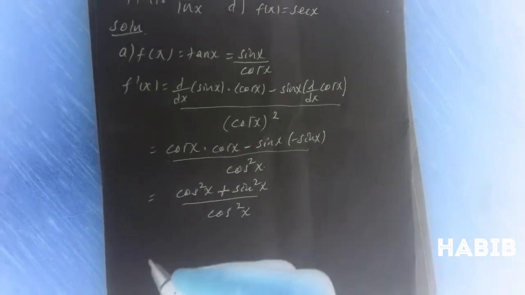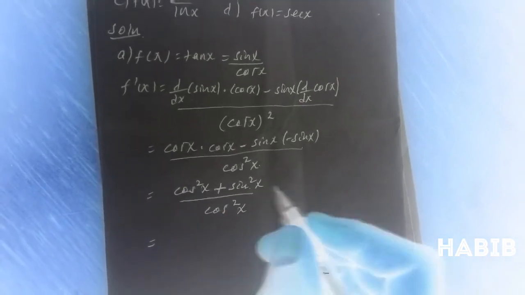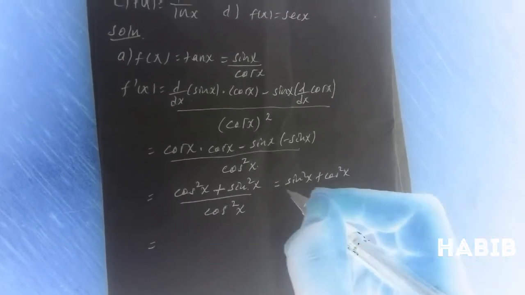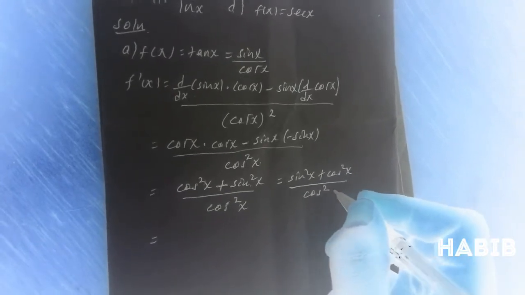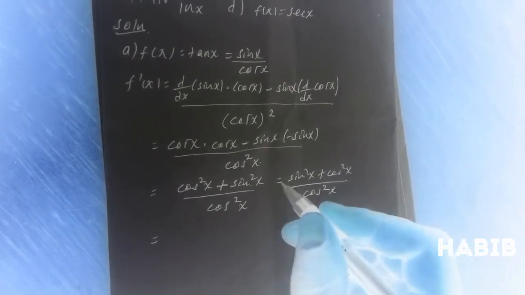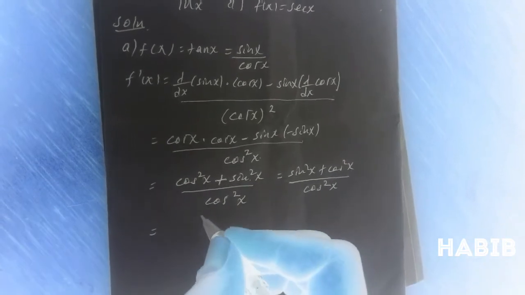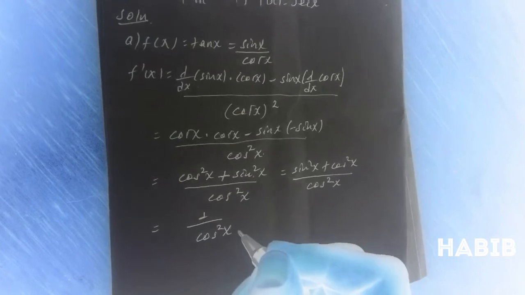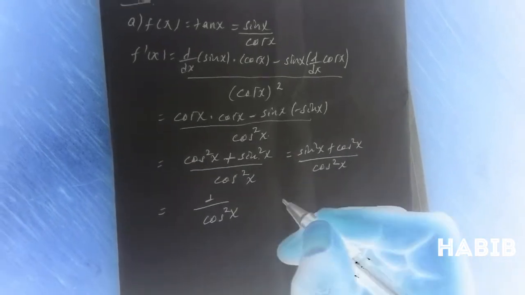Therefore, cos square x minus sin x times minus sin x, which is plus, therefore sin square x over cos square x. You can rewrite this in the form sin square x plus cos square x, the whole over cos square x.